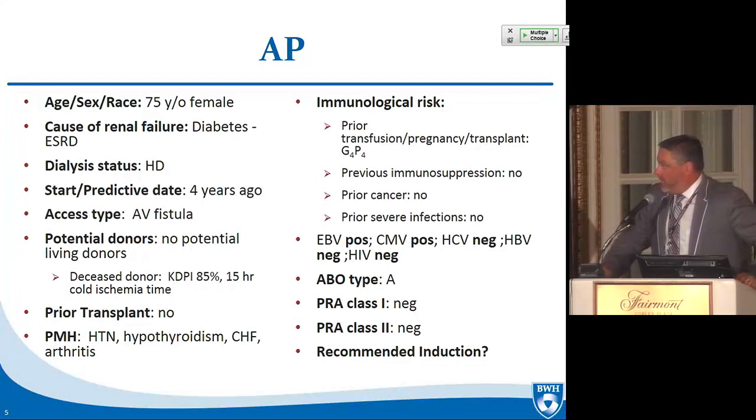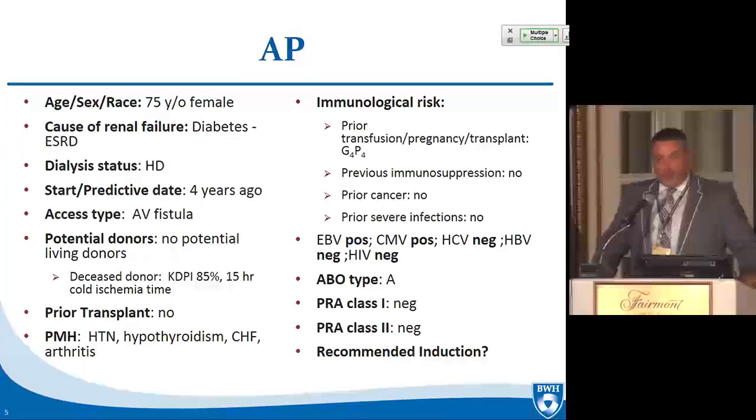This patient also has no PRA class 1 or class 2. So a little bit different from what our first patient presented as, but again, depending on what your maintenance therapy is, you could use induction from a whole host of different agents.